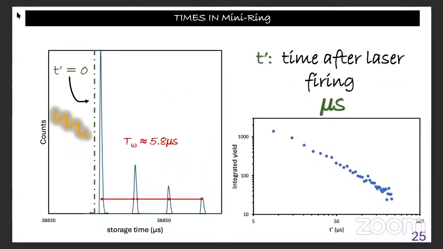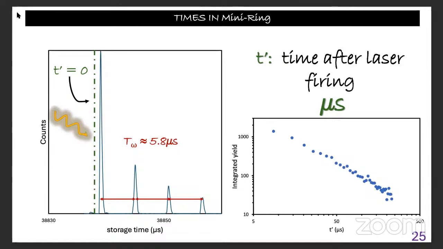So we can define the second time, T prime, which is the time just after the laser fires. And here, if we integrate each of these peaks, we can investigate what is going on on the microsecond scale. Here we are observing this plot in log-log scale.